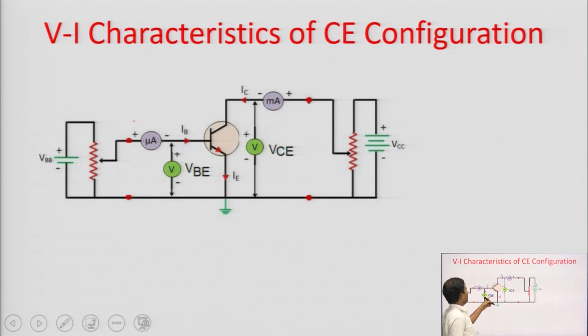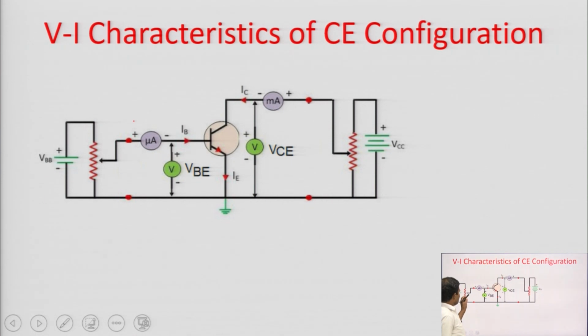This will measure VBE. On the other hand, another ammeter in the milliampere range, a milliammeter, is connected here to measure the output current IC, and a voltmeter is connected between collector and emitter, that is in parallel. It will measure the output voltage, the voltage between collector and emitter. Now, this is the connection.